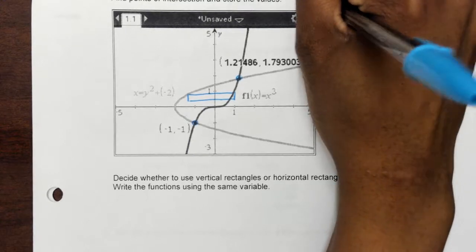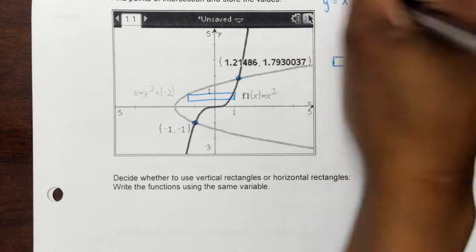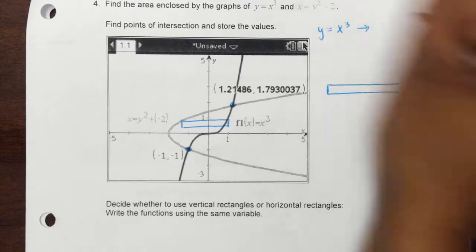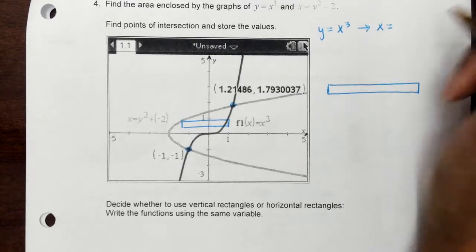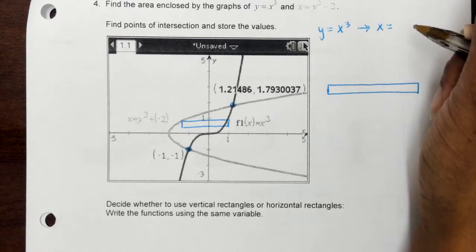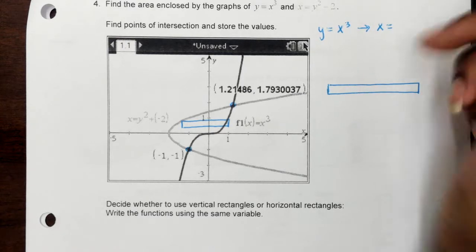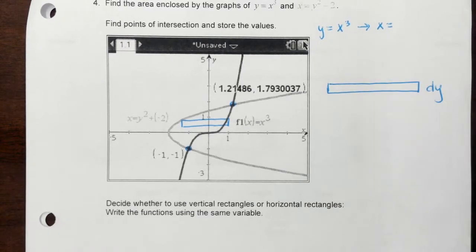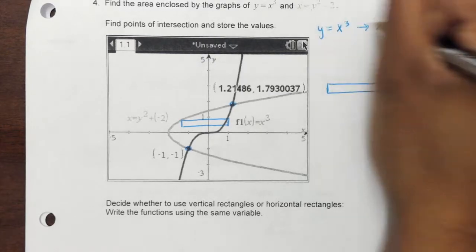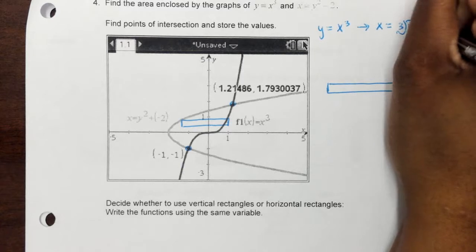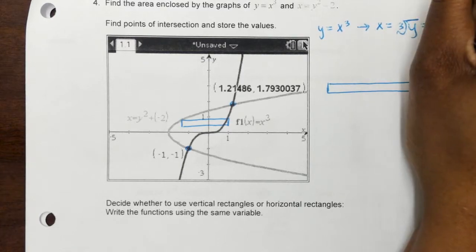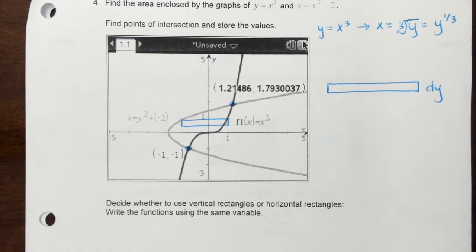Since we have y equals x cubed, and we're using horizontal rectangles, we want this to be x equals something, because we want this in terms of y, because we're going to have dy. So we're cube rooting both sides, so we'll have the cube root of y, which is also y to the 1/3.